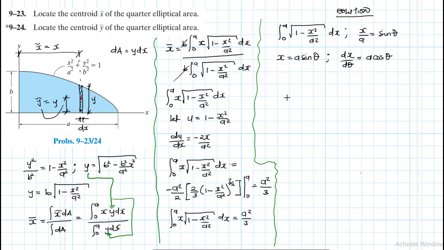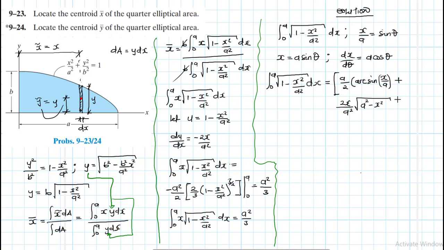Where you will have the following expression: the integral from 0 to a of the square root of 1 minus x squared divided by a squared dx is going to be equal to, open brackets, a divided by 2 arcsine of x over a, plus 2x divided by a squared times the square root of a squared minus x squared, close.